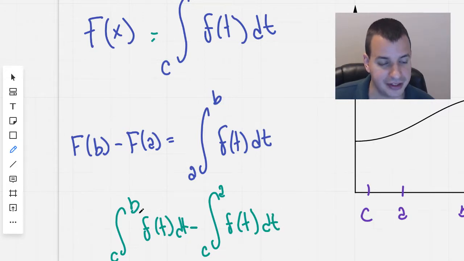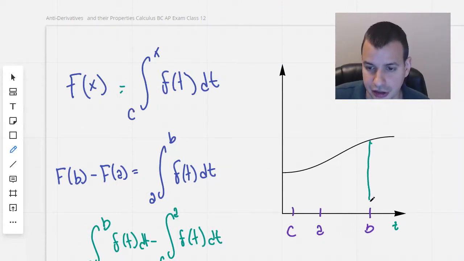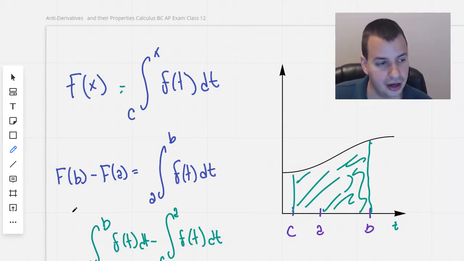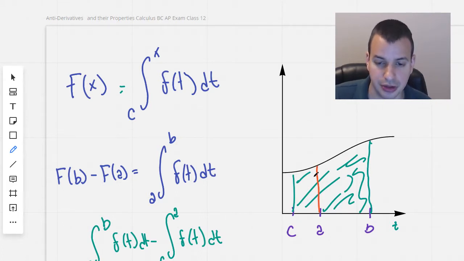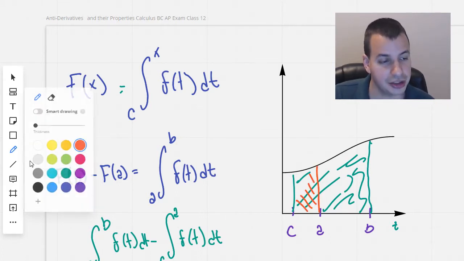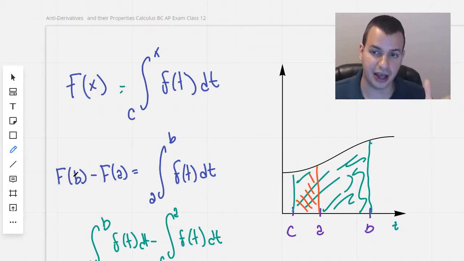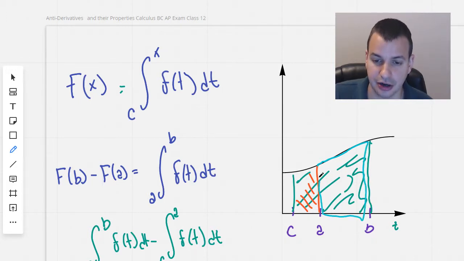The integral from c to b would be the area from c to b, this area right here. The integral from c to a would be this area right here. And so this is saying that the integral of f at b minus the integral of f at a will then give you the area from a to b, so this area right here.